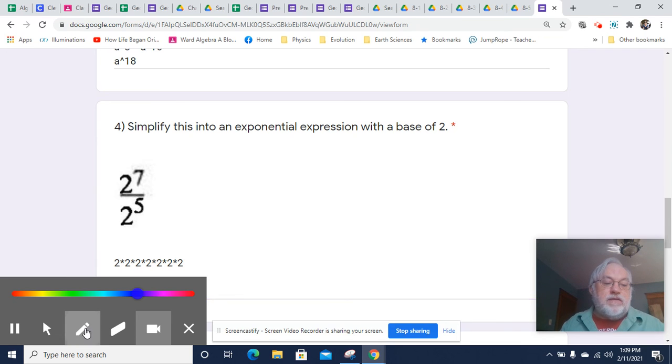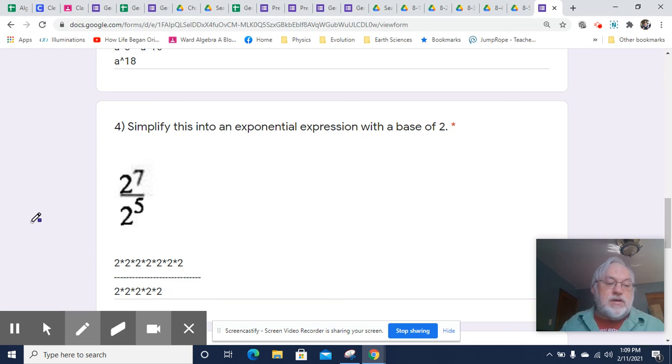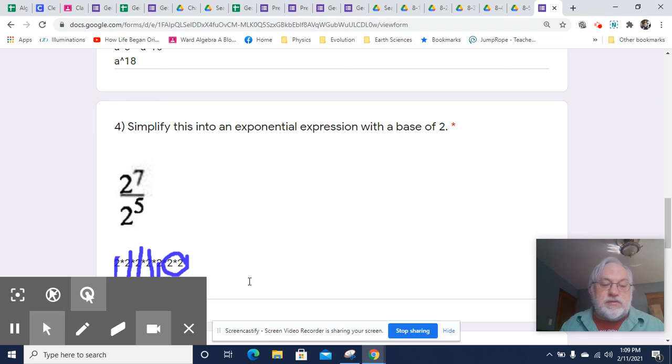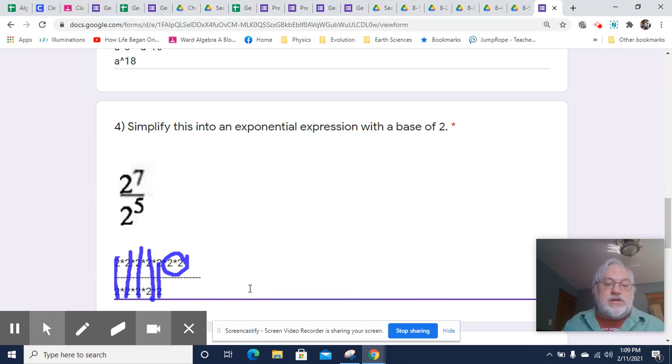And of course, I can factor a whole bunch of stuff out. I can factor that out, that out, that out, that one out, and that one out. And I'm left with just two factors of 2 in the numerator. Of course, it'd be nice if there was just a shorthand for this, which there is.